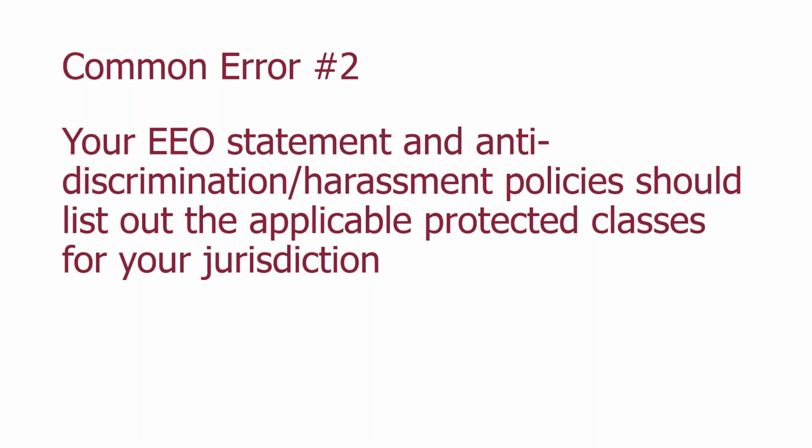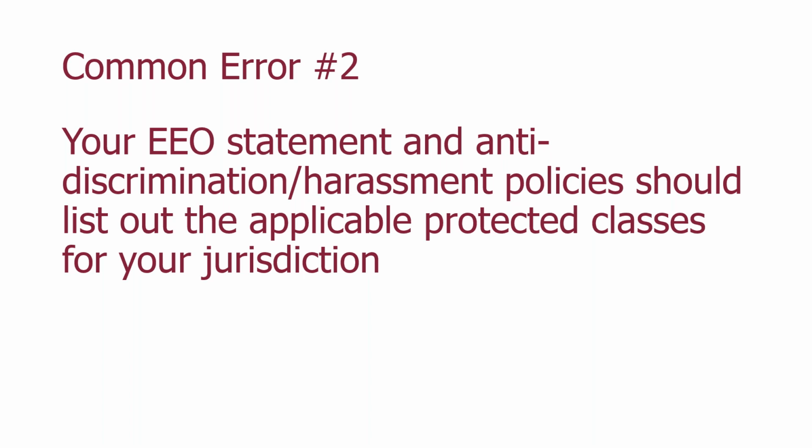And the reason that that's important is you want to be able to notify your employees of what classes of individuals are protected in your particular state. So while federal is race, color, national origin, religion, sex, disability, age, citizenship, and genetic information, many of the states have some more interesting or varied protected classes.